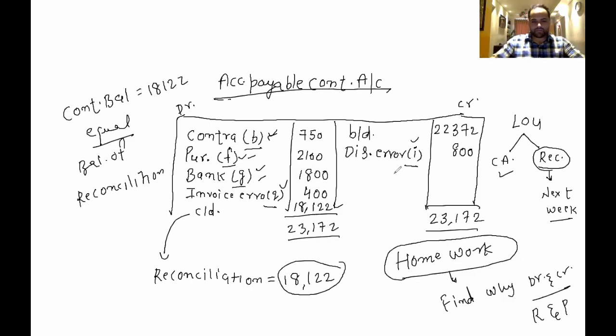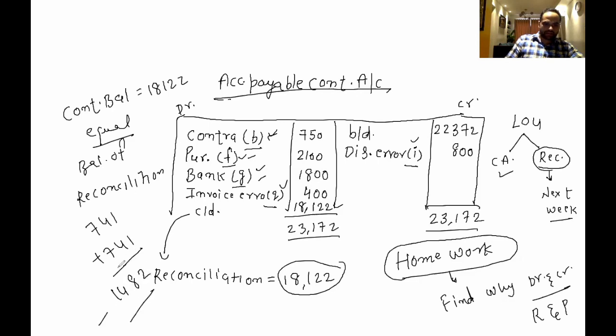So 741 plus 741, total is 1482. So we have to minus it. That's part of reconciliation. We will do it in reconciliation when we fix it.